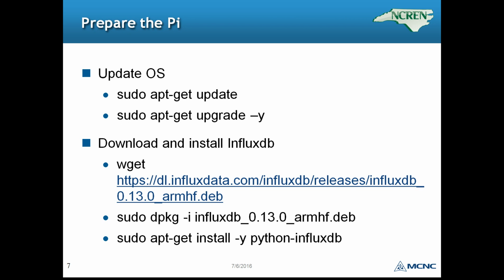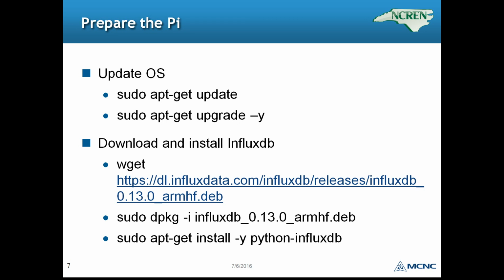It's very efficient at doing this. It's got a pretty small footprint, so it's ideal for a Raspberry Pi. And as we go along, I'll talk about why we decided to go with this approach. But just know that InfluxDB is the database that we've chosen for storing the data for these metrics.